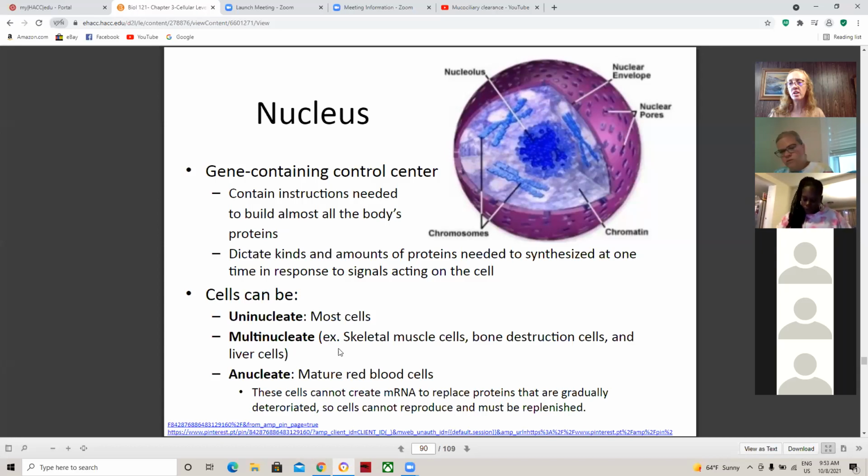Think of A as being the absence of, so anucleate means it does not have a nucleus. Cells like red blood cells that are anucleate cannot create their own mRNA. They don't have their own DNA. So these cells cannot reproduce or be replenished.